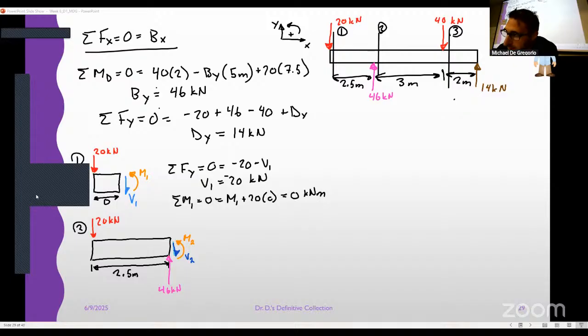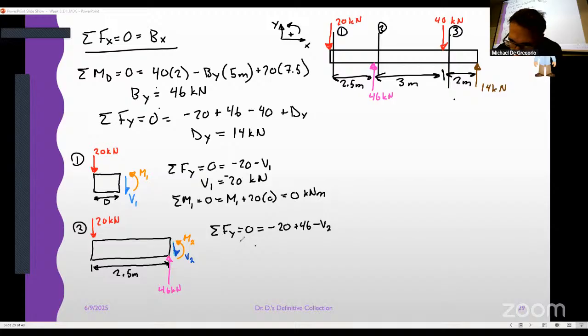Rinse and repeat, right? Sum of the forces in y is equal to 0, is equal to negative 20 plus 46 minus V2. V2 is equal to negative 26.